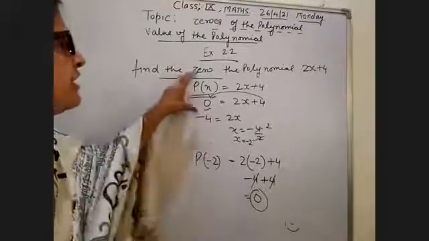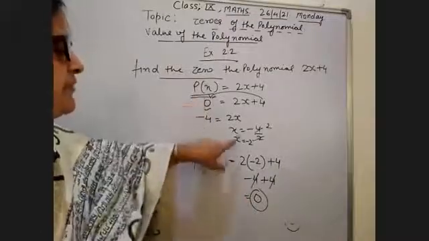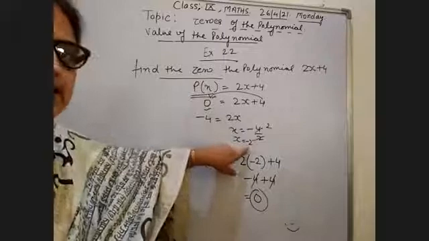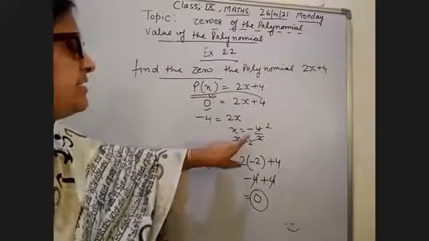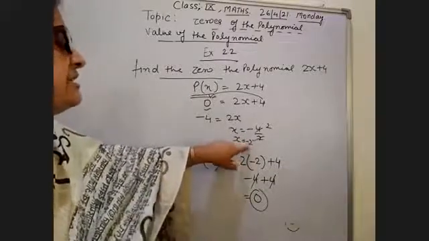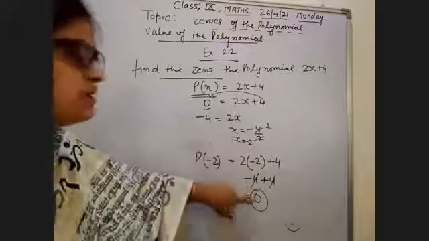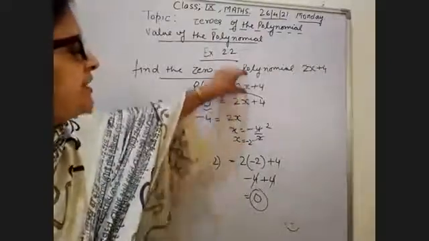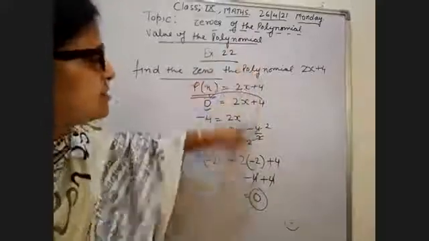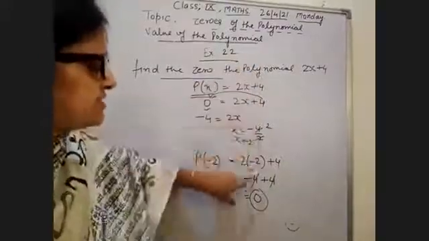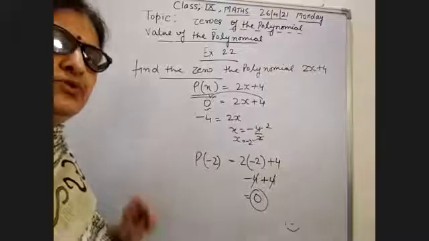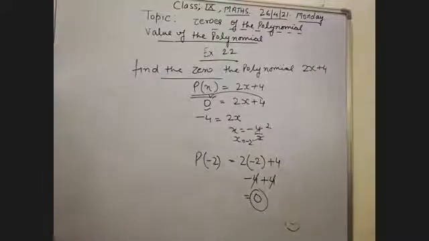So x equal to minus 2 checks out, the value is equal to 0. So we will take some questions from your NCERT book.